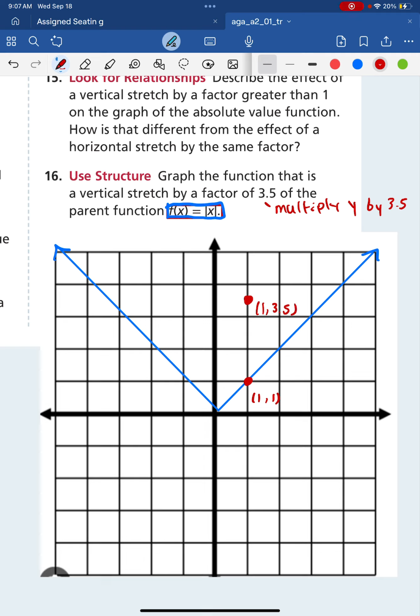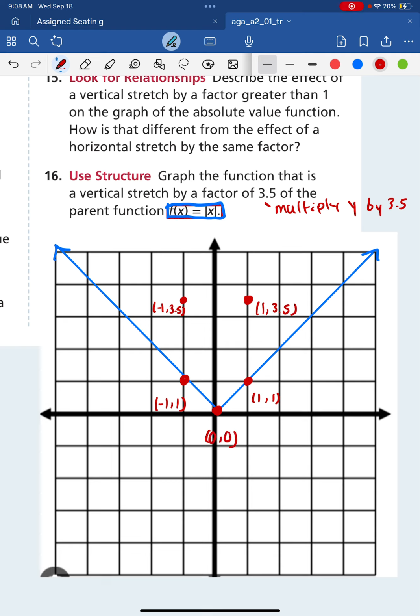All right, when I go over here, this point is negative 1, 1. When I multiply my y by 3.5, I move up. And now my new point is negative 1, 3.5. And then I'll do my point at the origin. You know that this point is 0, 0.